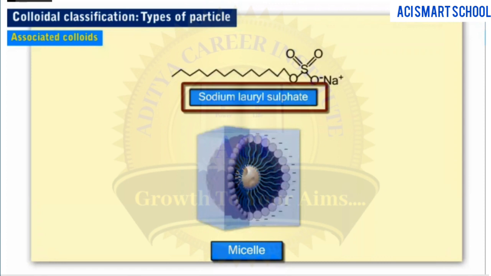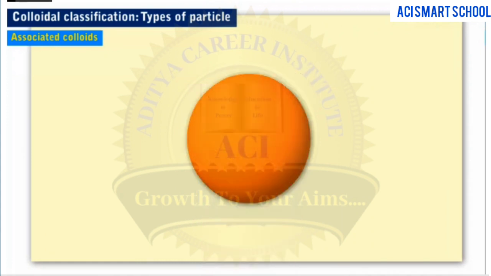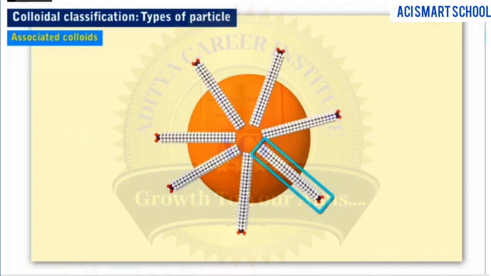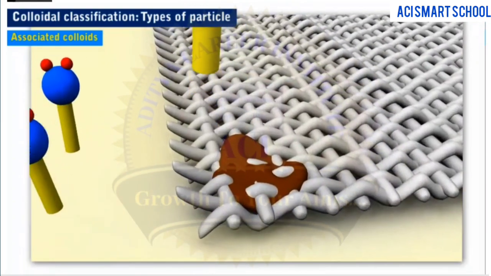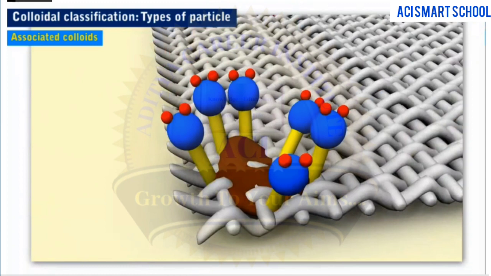Detergents like sodium lauryl sulfate undergo micelle formation in a similar manner, as the cleansing action of soaps is based upon their tendency to undergo micelle formation. The stearate ions of soaps arrange themselves around an oil droplet in such a way that the hydrophobic part of the stearate ions is directed towards the oil and the hydrophilic part projects outside.